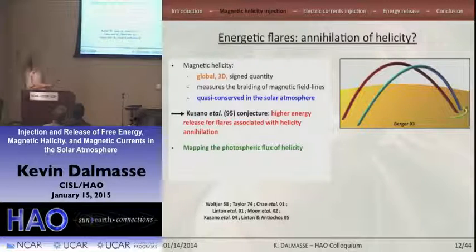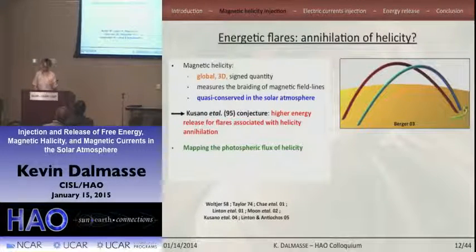One important property of magnetic helicity is that it's a quasi-conserved quantity in the solar atmosphere. Because of this property, it has been conjectured that higher energy could be released during a flare if the flare is associated with helicity annihilation. That is to say, if the flare is associated with interactions between regions of opposite helicity.